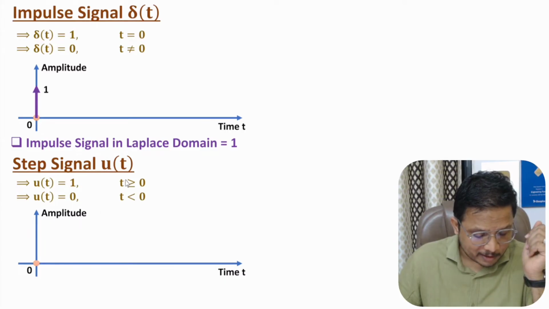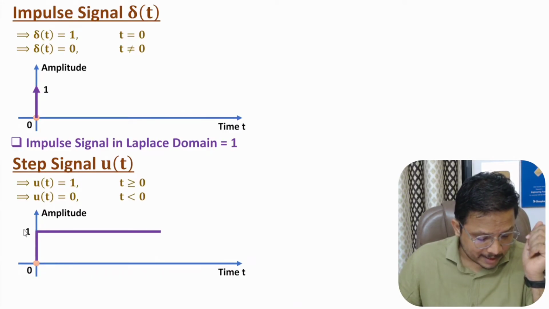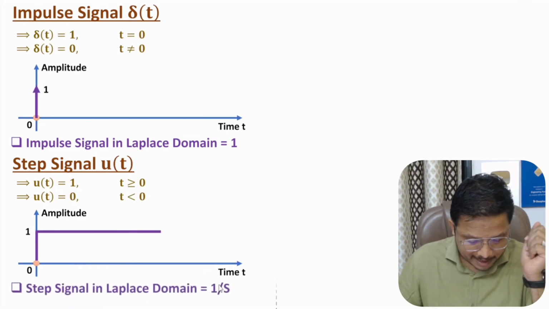For t greater than or equal to 0, the value is 1. So from 0 time onwards, you can observe we have 1 value, and for t less than 0, we have 0 value. So this is the step signal. And in the Laplace domain, this step signal is 1 by s.